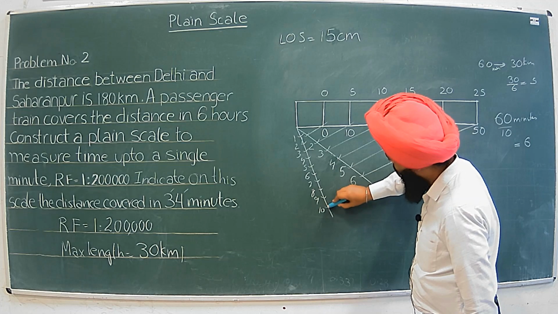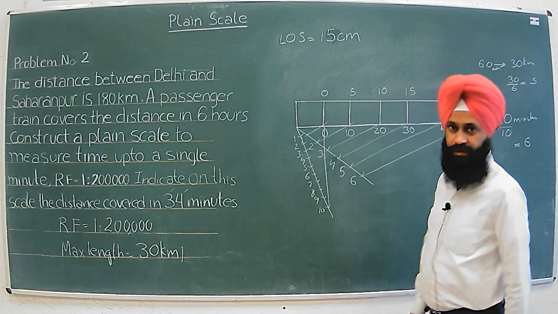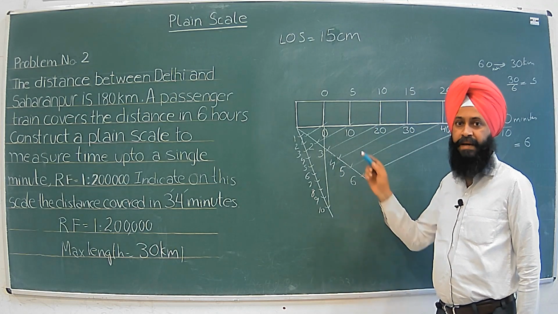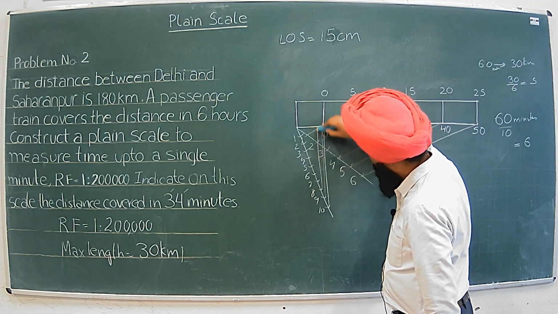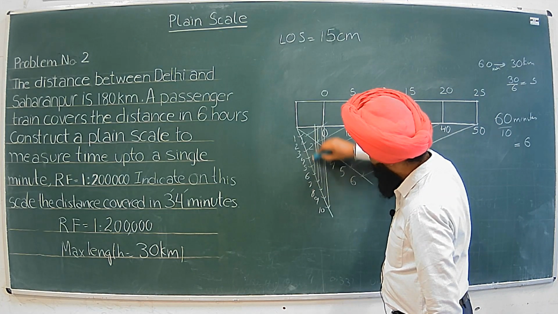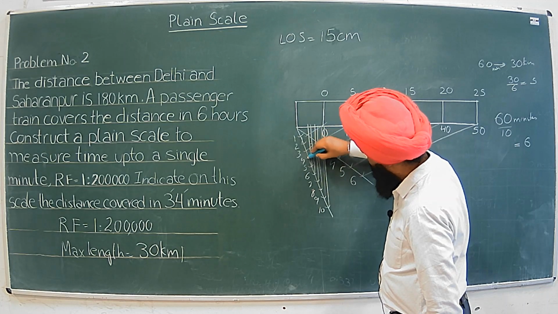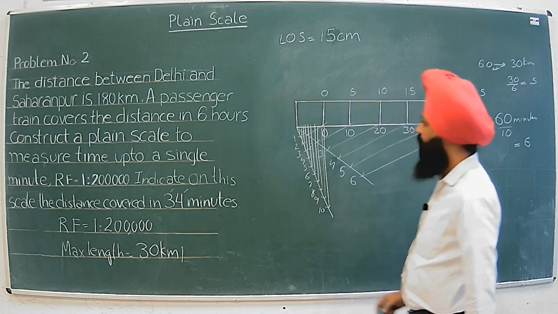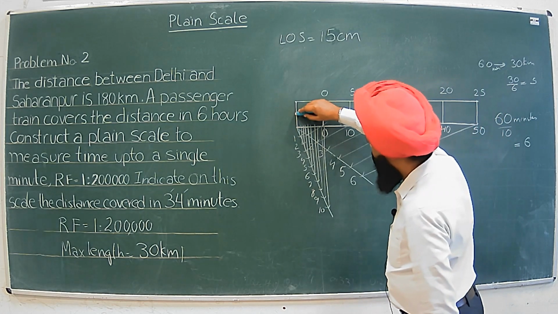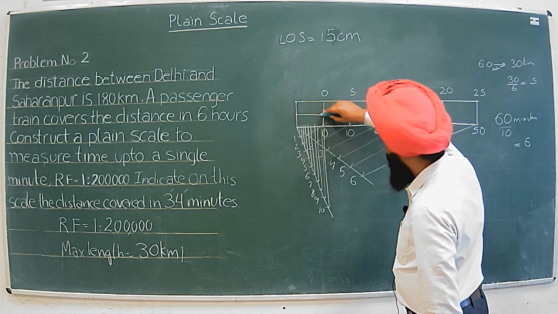Join the 10th part with the 0 and draw parallel lines to this line. Draw a horizontal line in the first box.